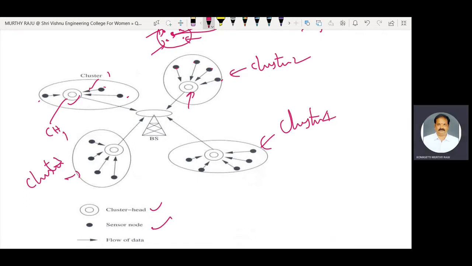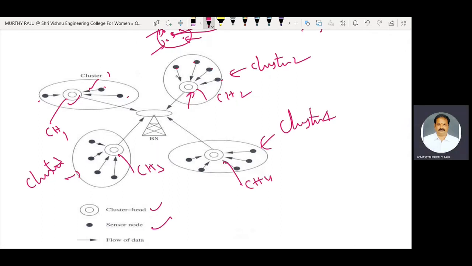Here CH1, CH2, CH3, and CH4. Cluster heads are receiving the information from the IoT devices in cluster 1.